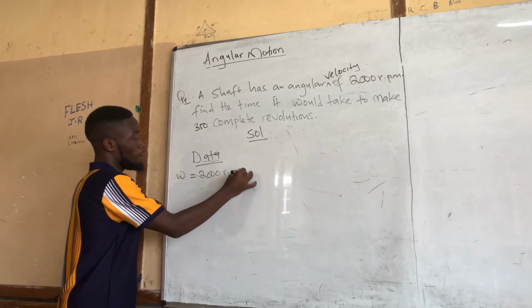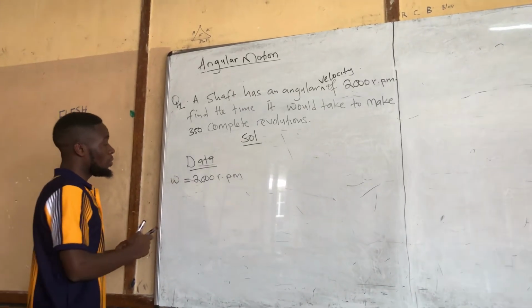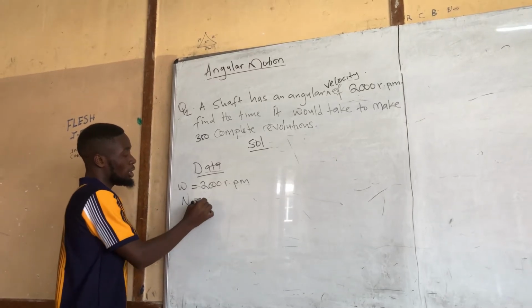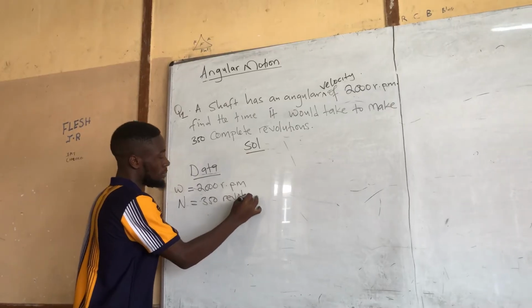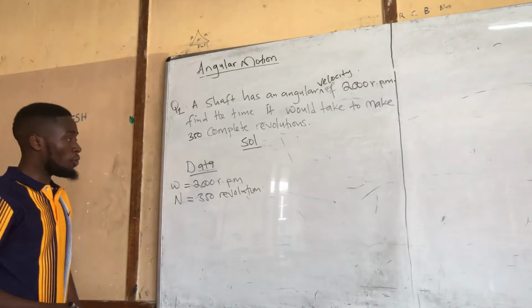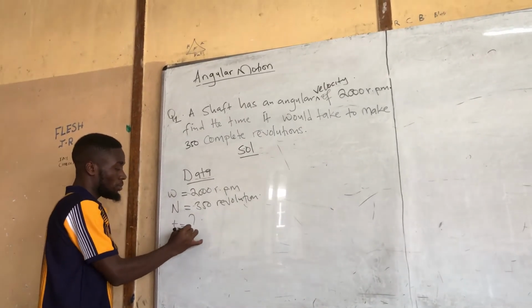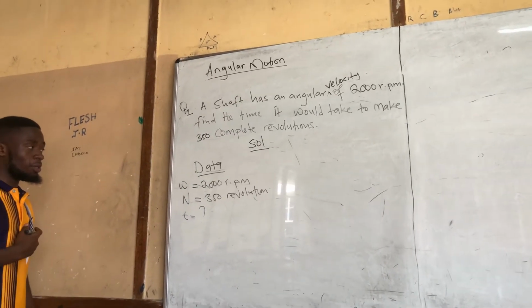Number 2, we're given the number of revolutions, big N, which is 350 revolutions. And we are told to find the time.